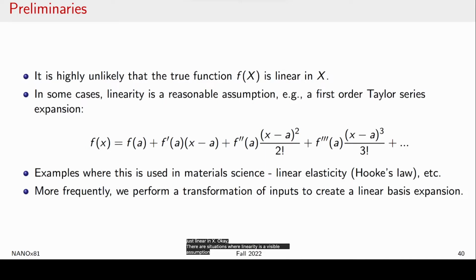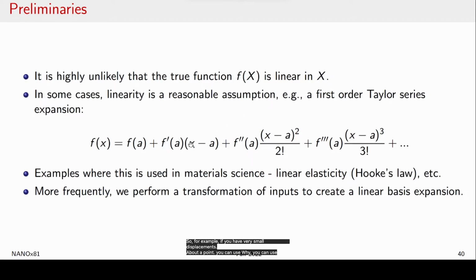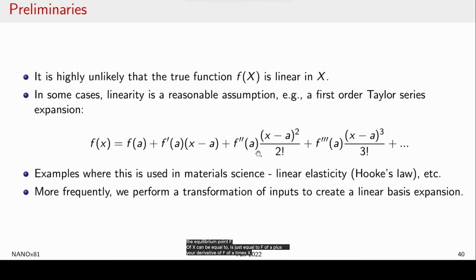So for example, if you have very small displacements about a point, you can use your first order Taylor series expansion, and we know that about the equilibrium point, f of x is just equal to f of a plus the derivative of f at a times x minus a plus the second derivative of f at a times (x minus a) squared over 2 factorial, and so on and so forth, right?